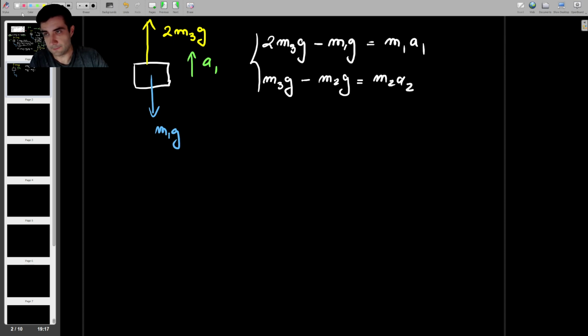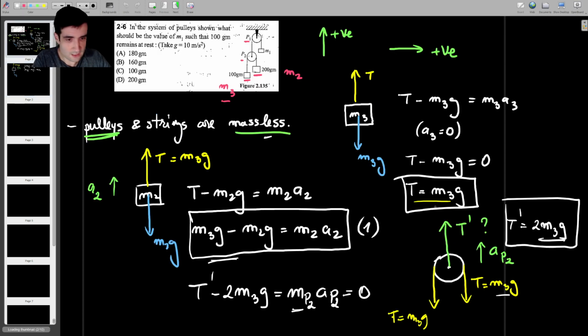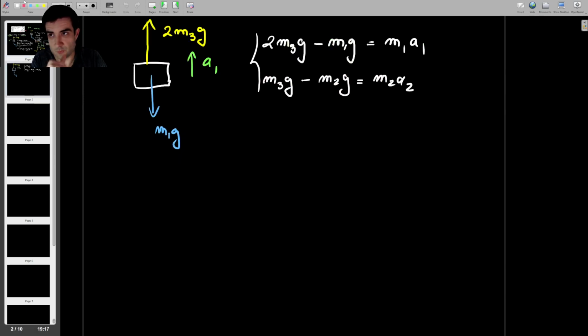So it wasn't able to bring us to the end of the problem because unfortunately we have too many unknowns. So we have two equations, right? This doesn't count as an equation because I've used it, and I've used this one too, so it doesn't count either. So we have two equations and we have three unknowns. So let's try to see what the unknowns are. I think we have m1, which is here and here, and the acceleration.